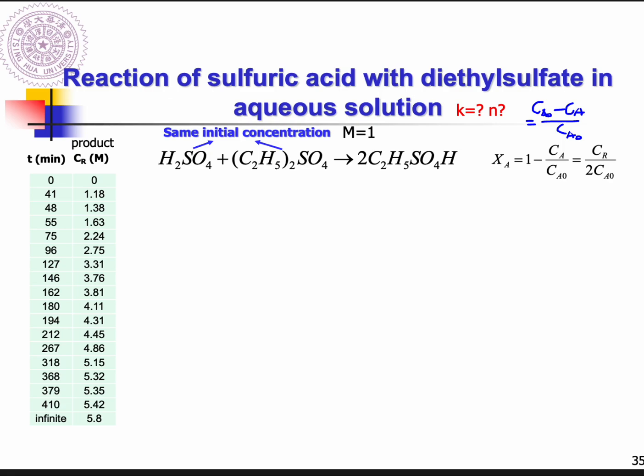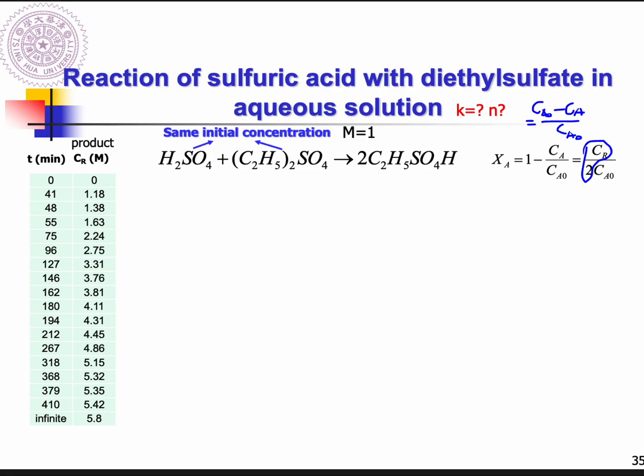So this can be written as Cr divided by 2 here. Because Ca0 minus Ca is the part that has already generated product, but you consume 1, you generate 2 products. So you should write Cr divided by 2.